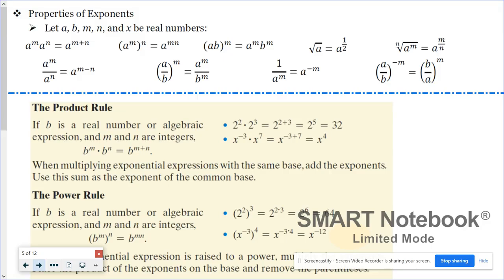You've got the product rule, okay, and the product rule I would use whenever I'm working with, well, a product. So whenever you're multiplying exponential expressions like this, x to the -3rd power times x to the 7th, your new exponent is going to be the sum of the exponents.